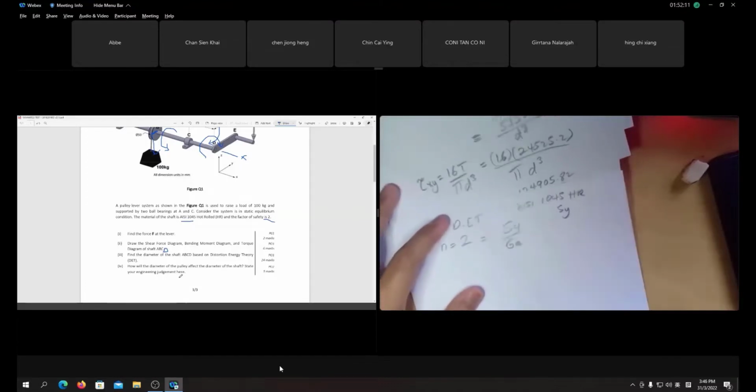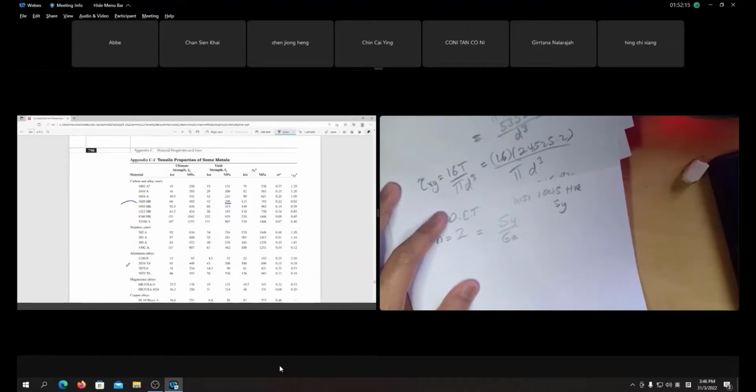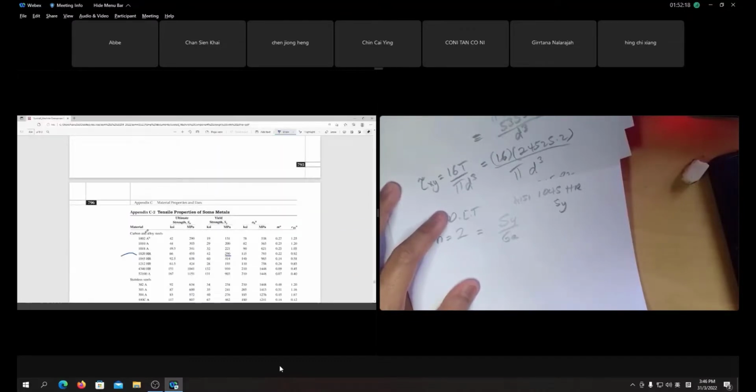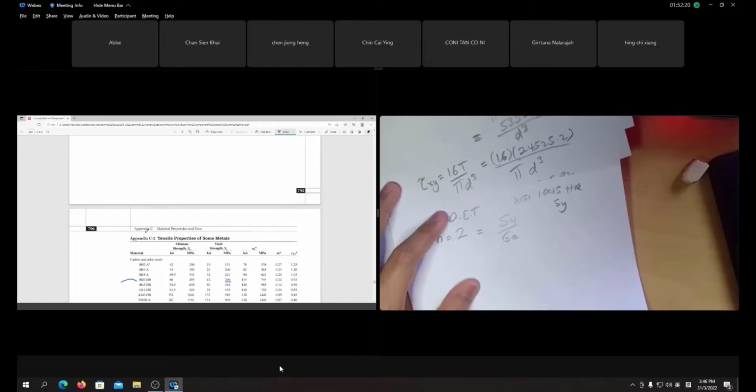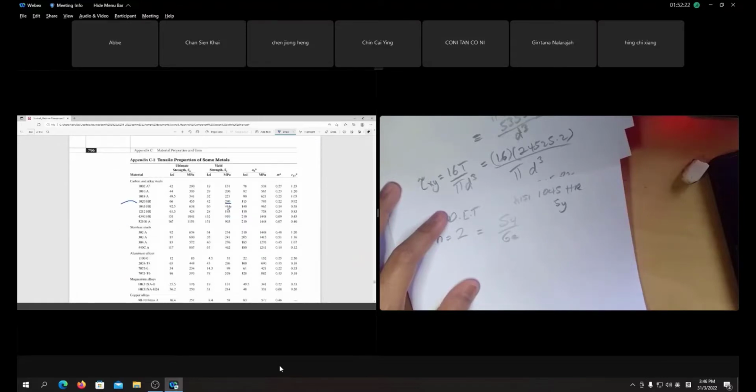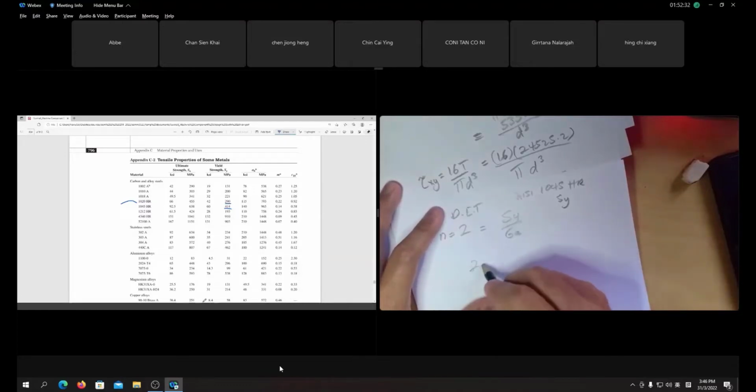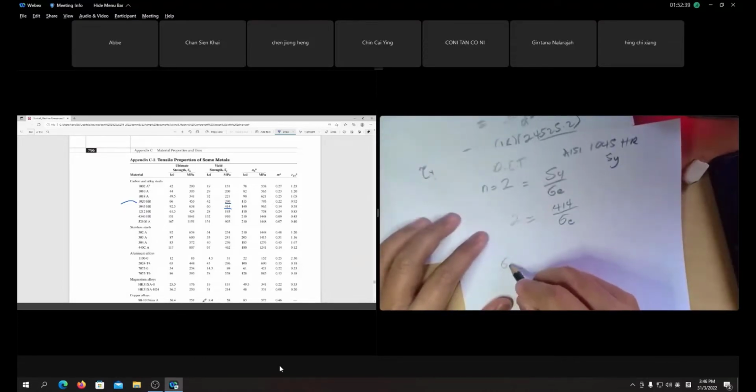What is the SY value? Look at the textbook. For 1045 hot roll, the value is 414 megapascal. So the safety factor 2 equals 414 over sigma E. What is sigma E?